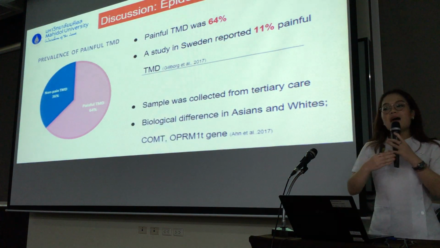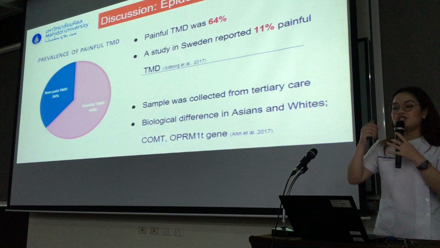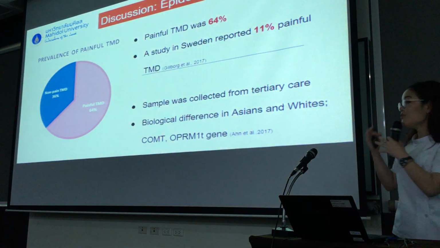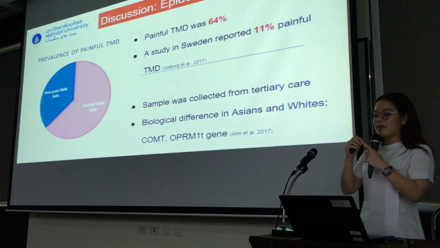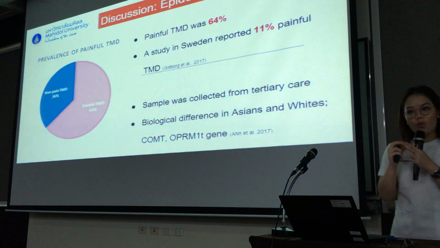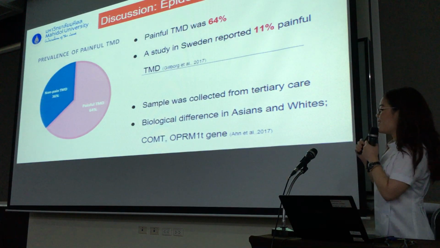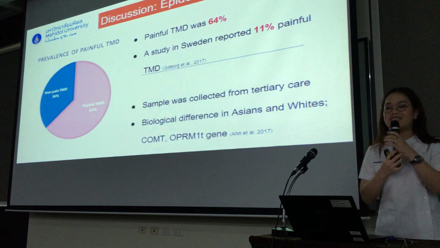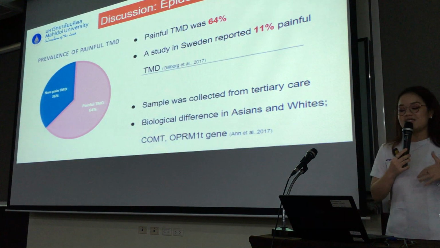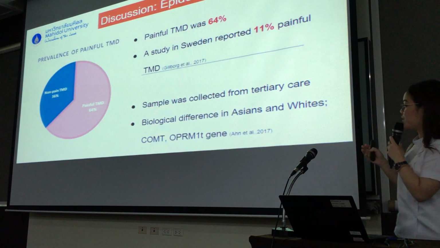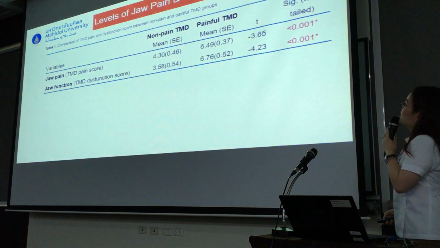And there could be a biological and genetic difference between Asians and whites, due to the COMT gene and the OPRM1 gene that cause a difference in the pain threshold between Asians and whites.